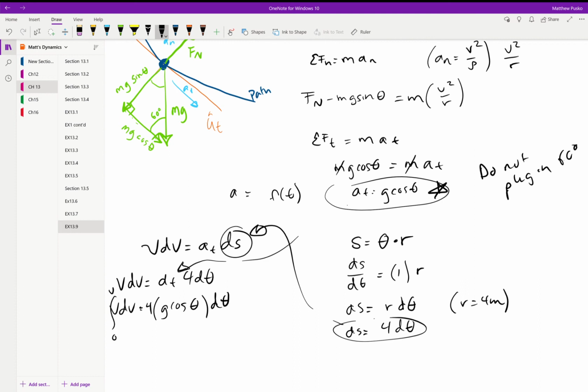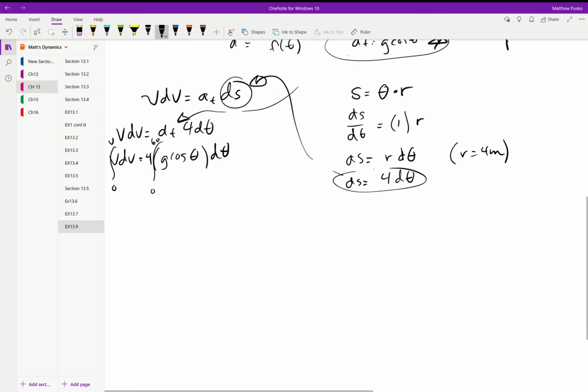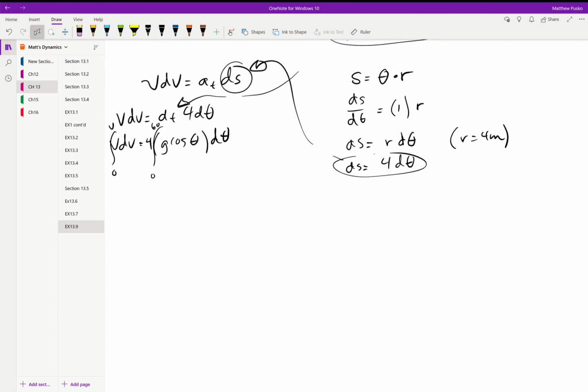It started from rest, some velocity, and it started at some angle 0 to 60 degrees. That's where we plug in 60. Alright, what we get from this is Vf squared is equal to 39.24 times the sine of 60 minus the sine of 0, all over 2.